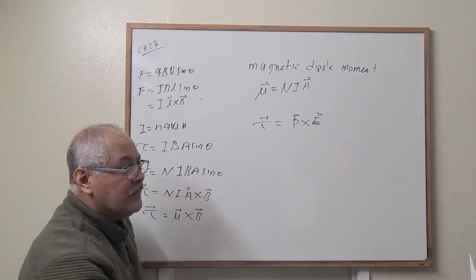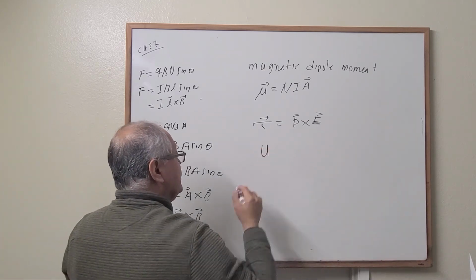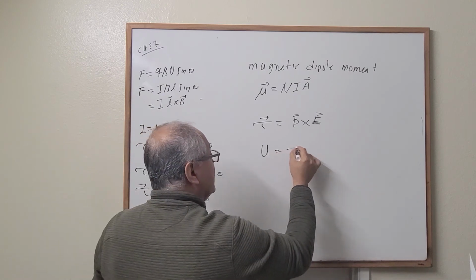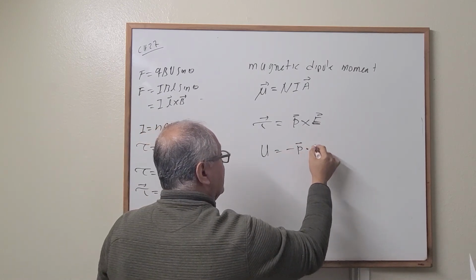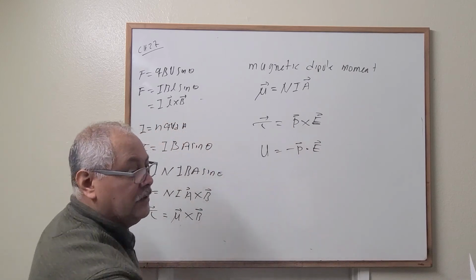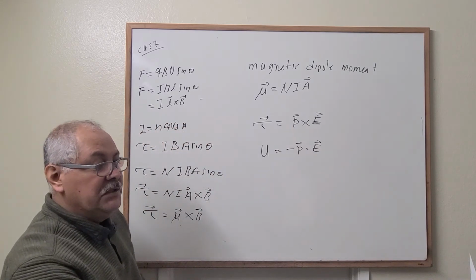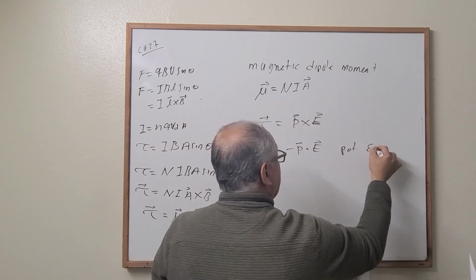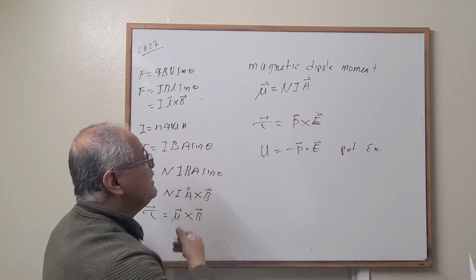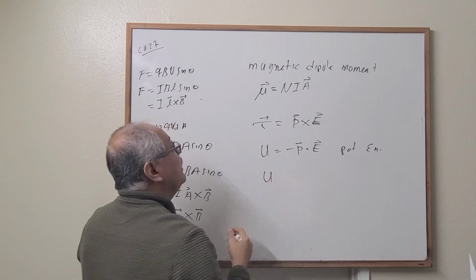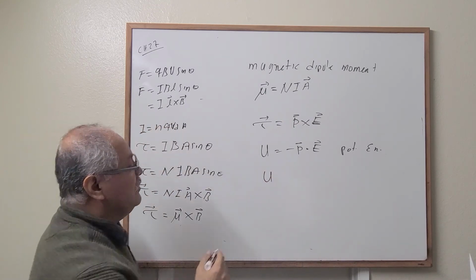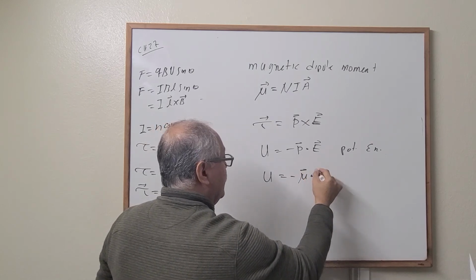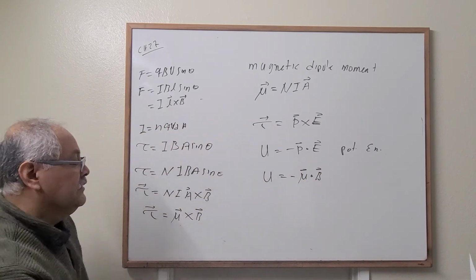Also, the energy of the electric dipole is defined as negative P dot the electric field. This is the potential energy of the electric dipole. Because they have the same form, the same thing happens in the magnetic case: the energy equals negative mu dot B, the product of these two vectors.